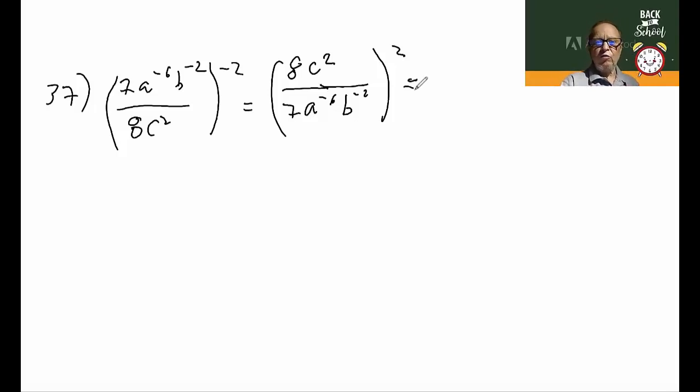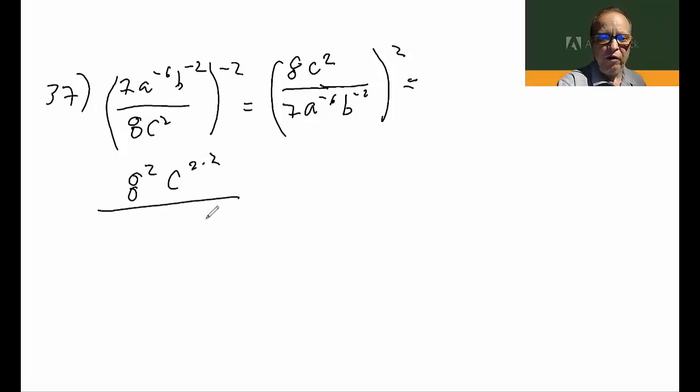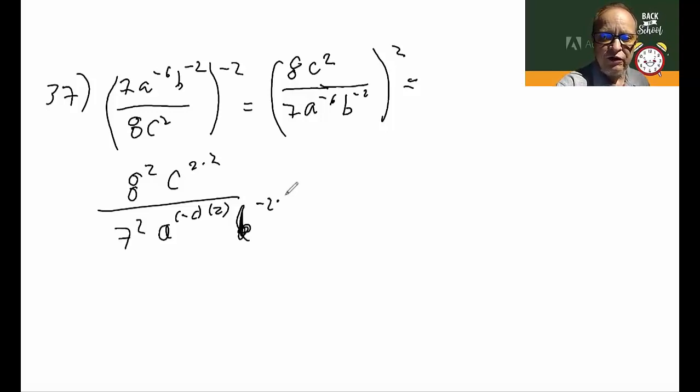Then I again will use my power rule, and I will go 8 squared c to the 2 times 2, divided by 7 squared, a to the negative 6 times 2, b to the negative 2 times 2, and that I will get 8 squared c to the 4th over 7 squared.